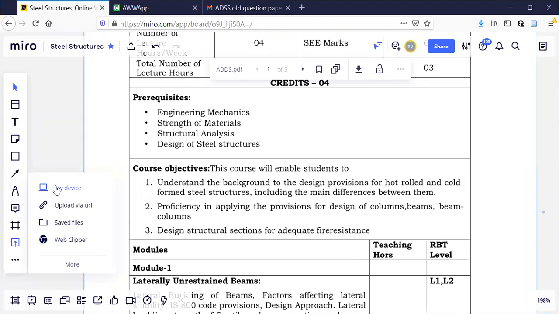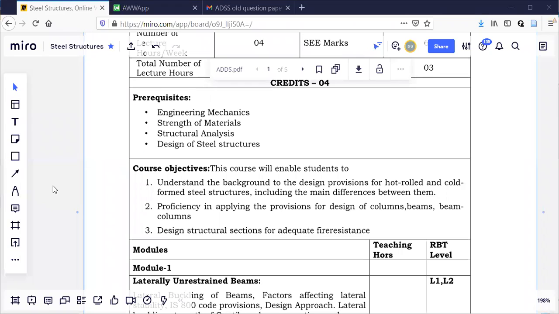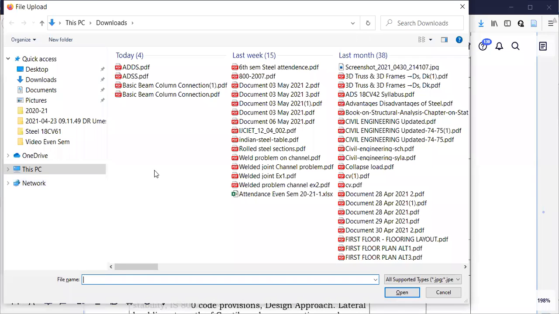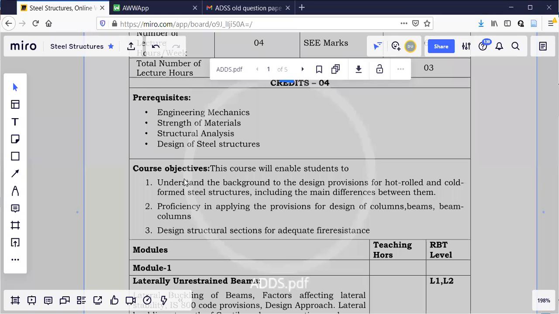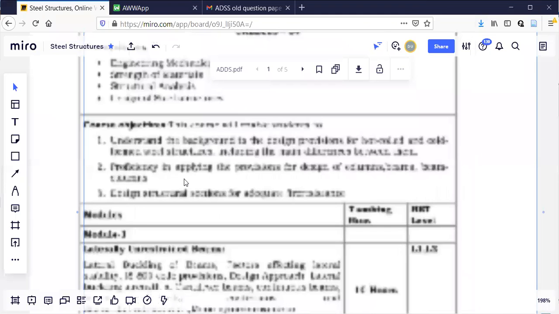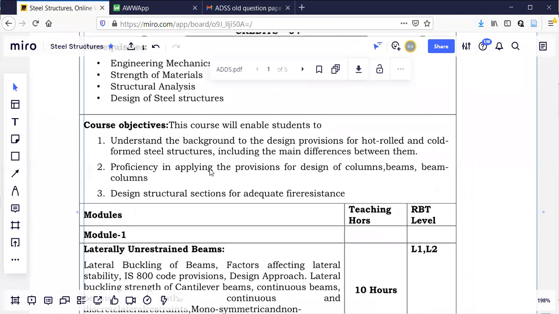That's all. So here what I will do is upload the 20 series only. I think this is the 20 series. I'll upload that particular syllabus. Actually, both are the same, in fact, but even then, everything is the same.